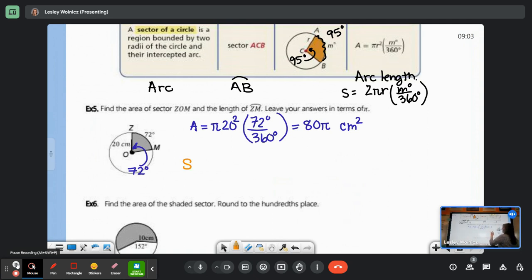Now we're going to do the arc length. So S or arc ZM. We're going to basically do the same thing, but we're going to swap out area for circumference. So 2 times pi times the radius, which is still 20, times the same ratio, 72 out of the 360 degrees.